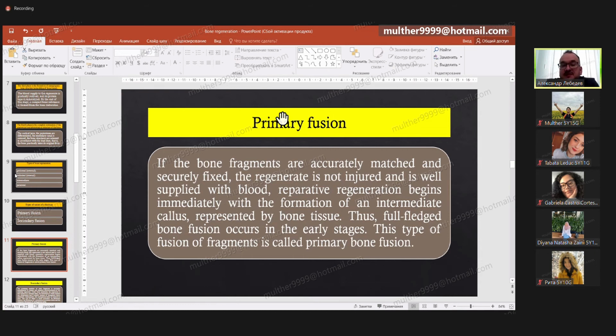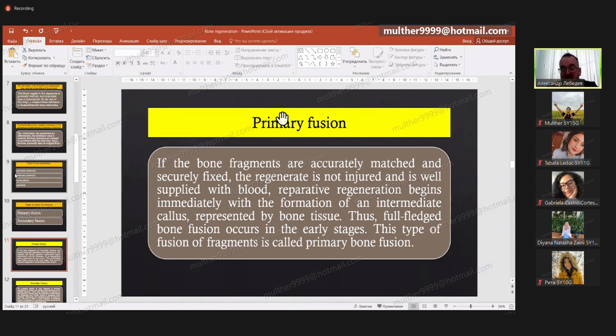Third, we must fix these bone fragments strongly. And fourth, not so dependent on us, the localization of the fracture. Some areas of the patient's body are poorly vascularized. For example, the proximal part of the humerus and the proximal part of the femur. That's why in these localizations of fractures, all our ways of bone regeneration, periosteal, endosteal and others, don't work fully. Why? Because we have no vessels there.